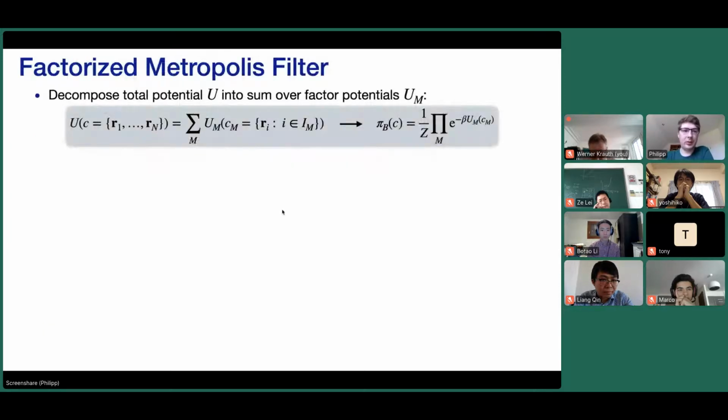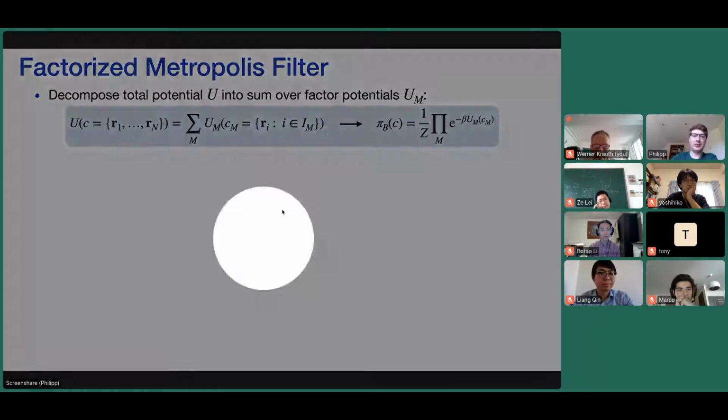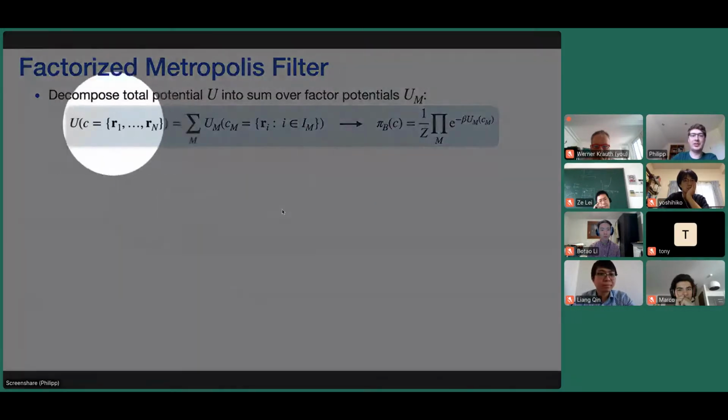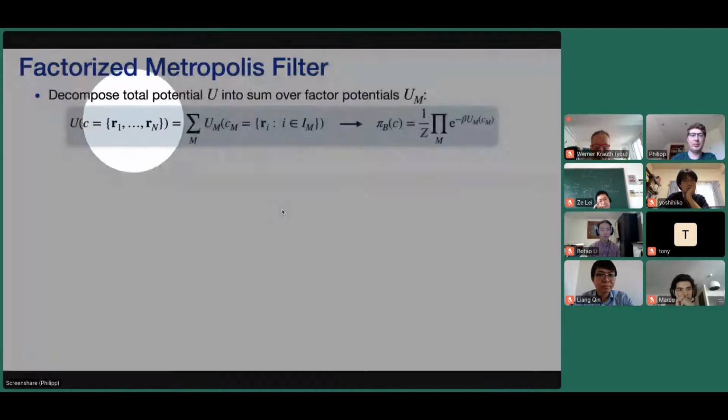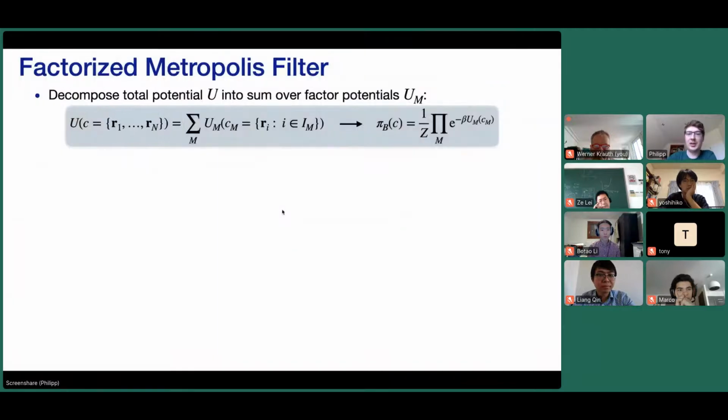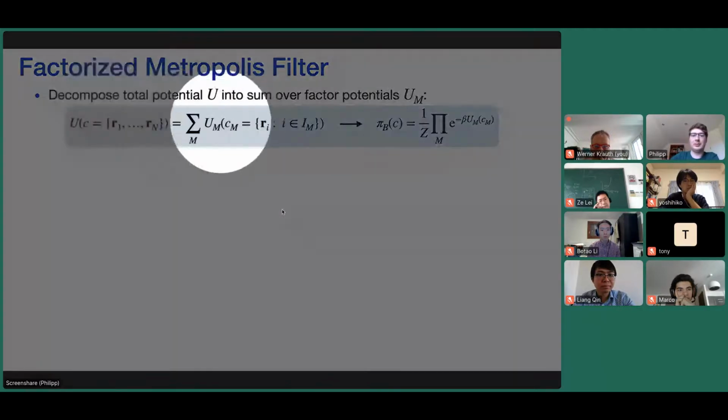The first point is the factorized Metropolis filter, and the basic idea is that we can decompose our total potential U, which for the scope of this talk is just a function of the positions of my n particles, into a sum over factor potentials U_m.